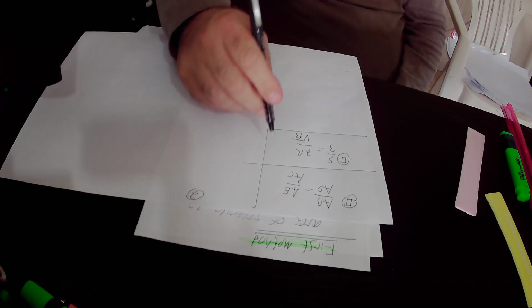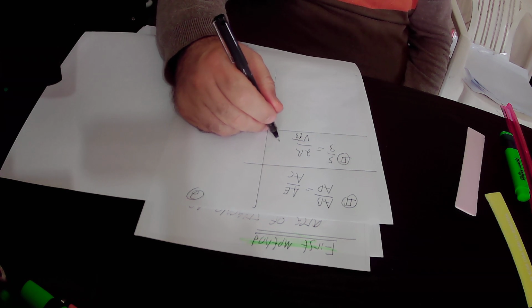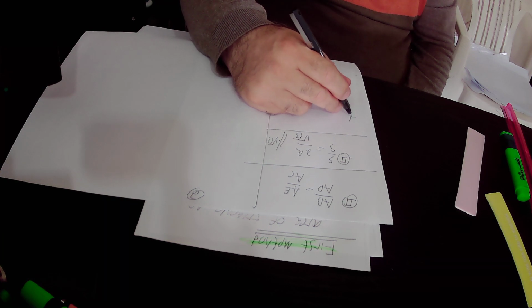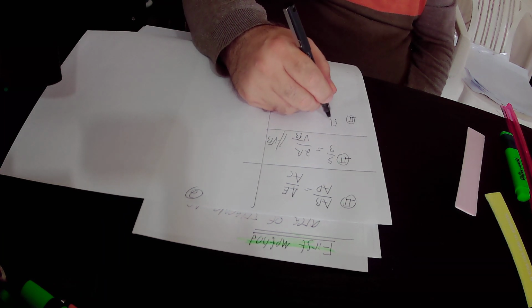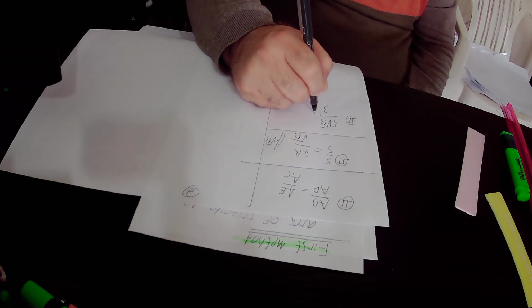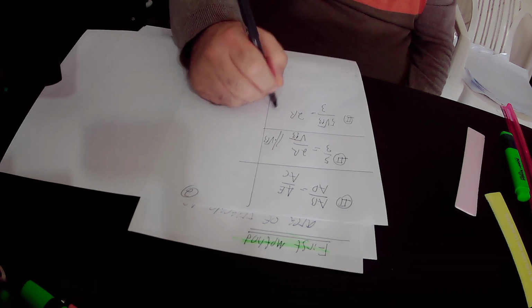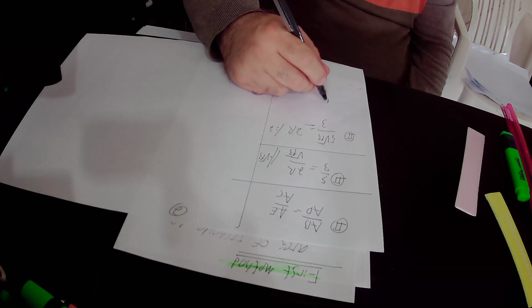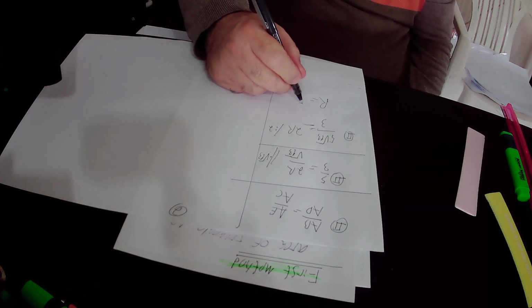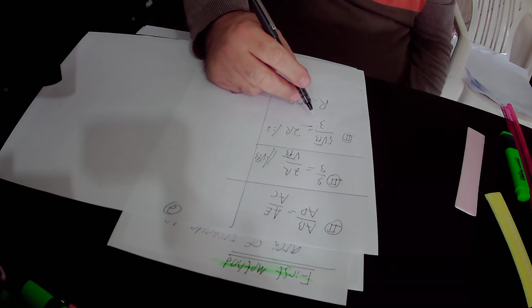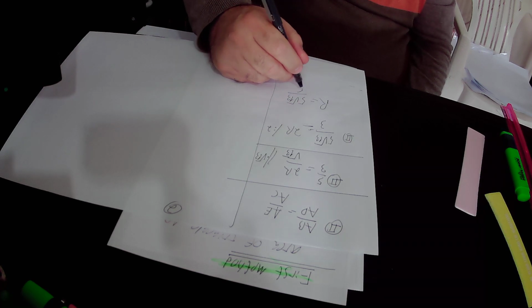Here we will multiply this equation number 2 by square root of 13. And we get that according to equation number 2, 5 times square root of 13 over 3 equals 2 times capital R. Here we will divide this equation by 2, and we get that R, the radius that we are looking for, is equal to 5 times square root of 13 over 3, 2 times 3 is 6.